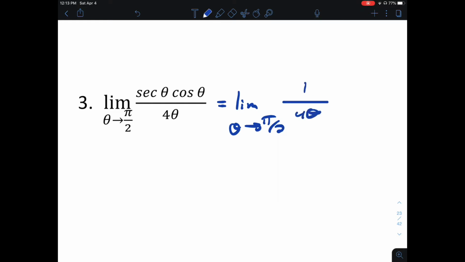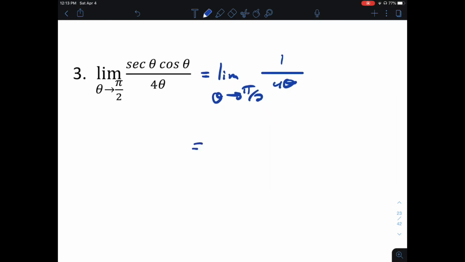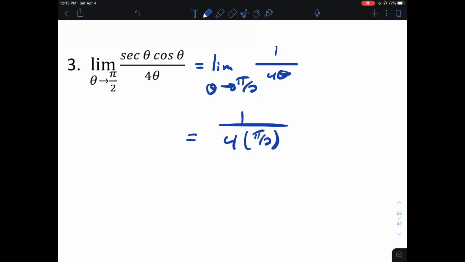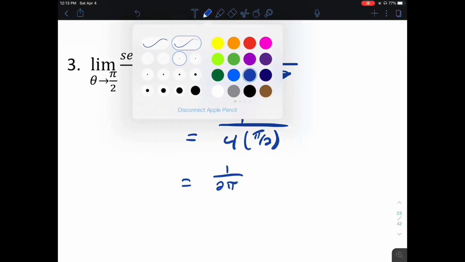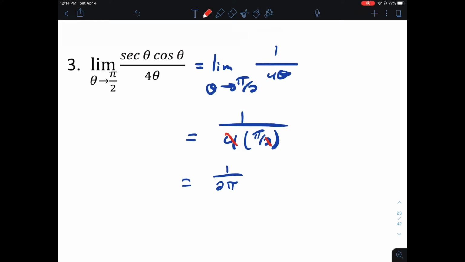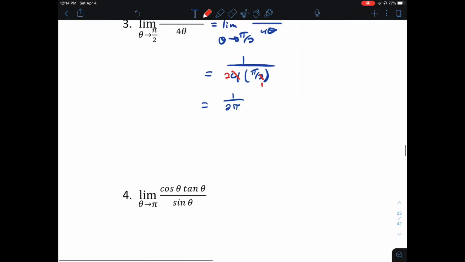Well, that's easy. It makes this 1 over 4 times theta. So if we substitute using direct substitution for this limit and put pi over 2 in for theta, this is going to give us 1 over 2 pi, because we could cross cancel here. 2 goes into itself once, and it goes into 4 2 times.